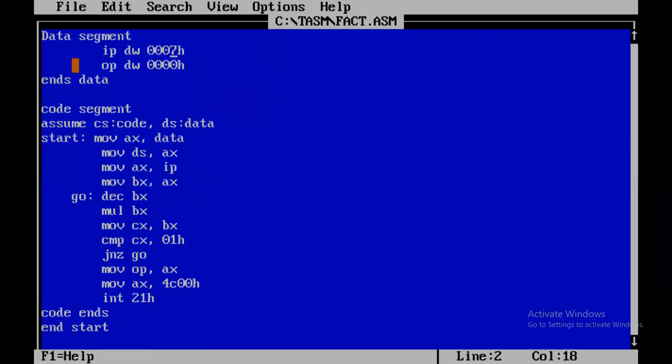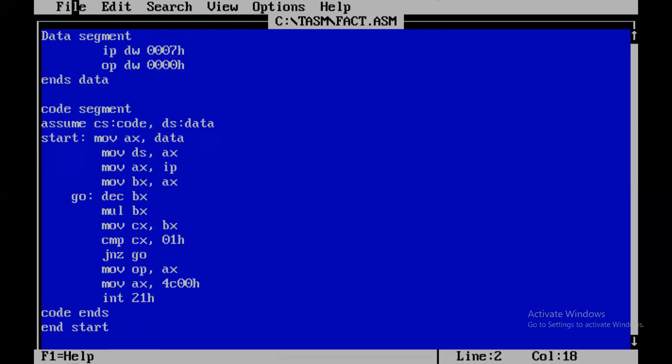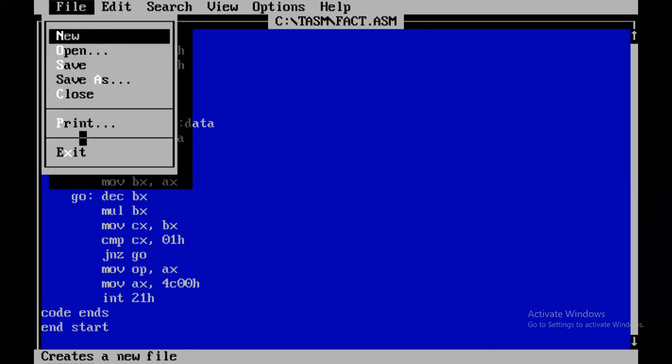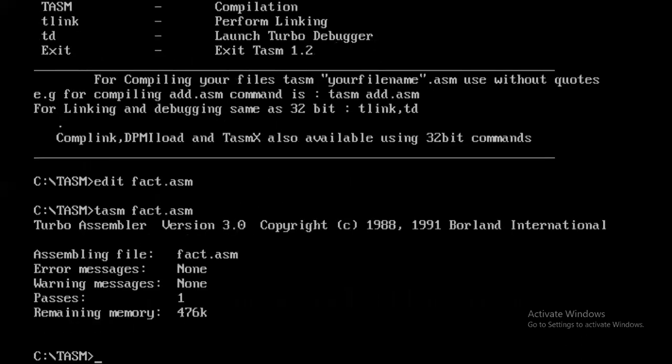Now I have to save this program, and we use the TASM command, the second command: TASM fact.asm, enter. In this program, there is no error sign and no warnings.